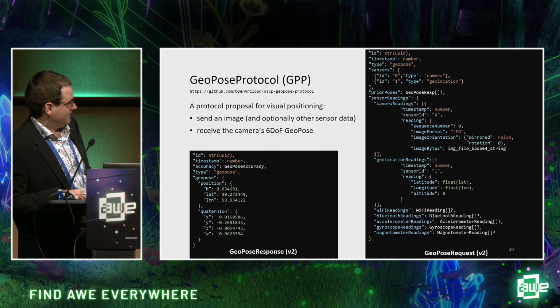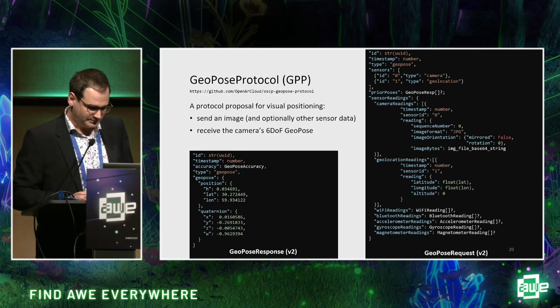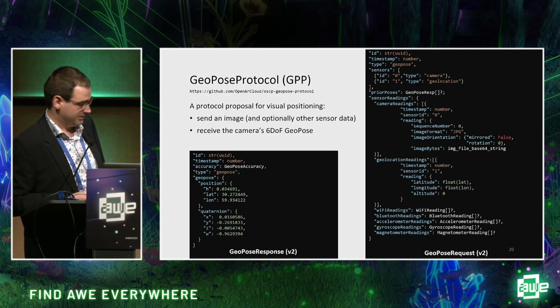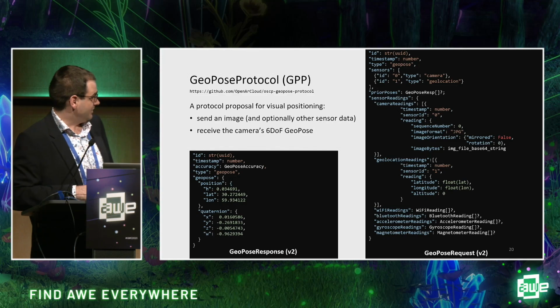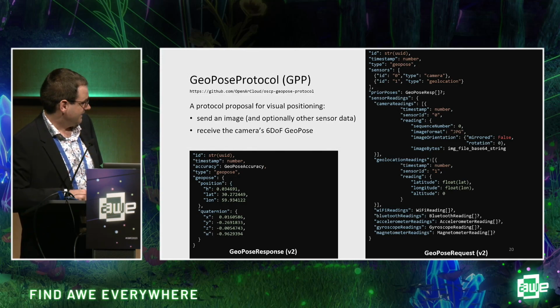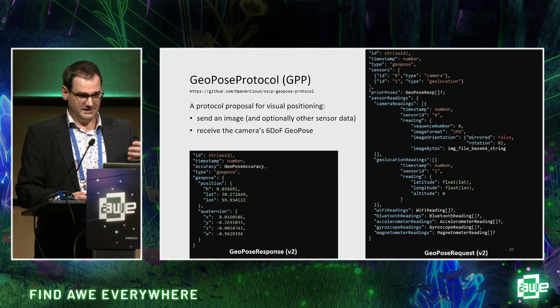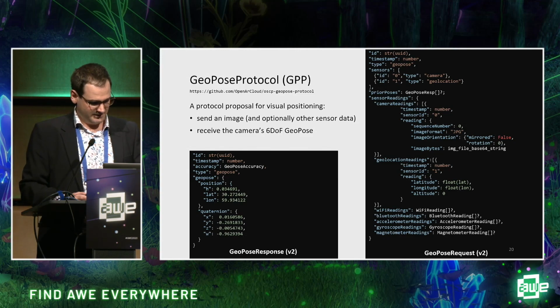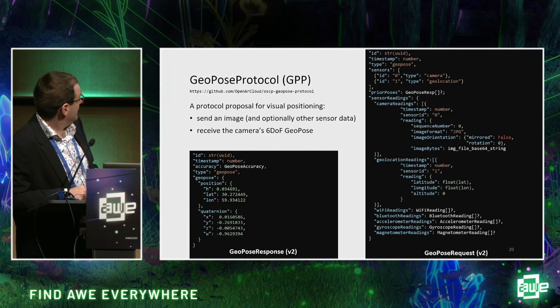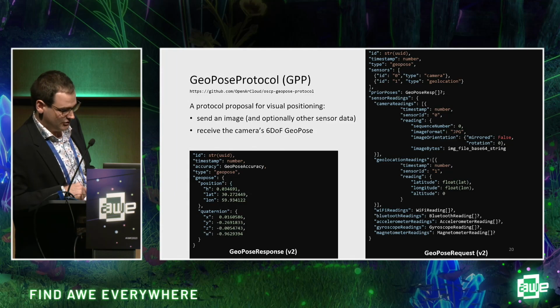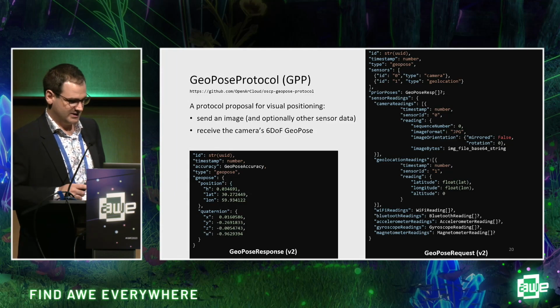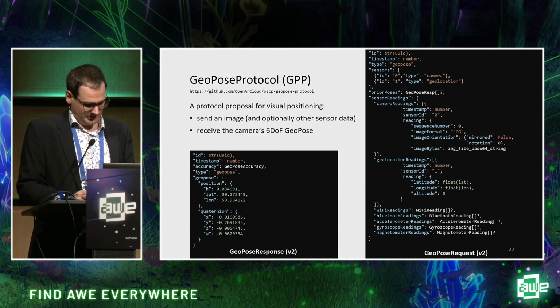The geolocation readings, so the GPS readings and compass readings, are optionally added there, but are not necessary. It depends on the service that we're using. So this is a request. Additionally, Wi-Fi, Bluetooth SSIDs, and so on, and a gravity vector can be added that can aid the visual localization service. And then the response is simply the same ID, timestamp, and the GeoPose as Christine described. So it's basically a position and an orientation in the world.